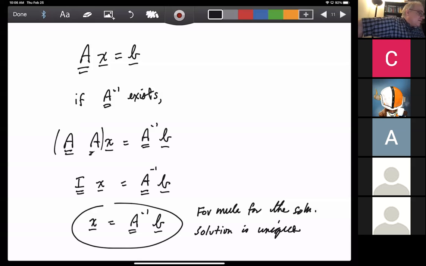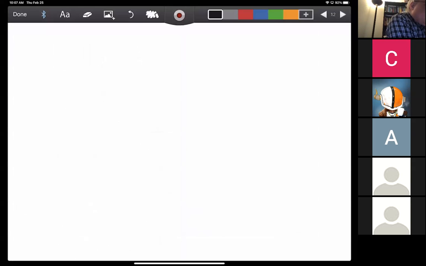If you look at that coefficient matrix and it's invertible, you know immediately that the solution has to exist and it has to be unique. Okay, so there's a number of statements that we could think about here.